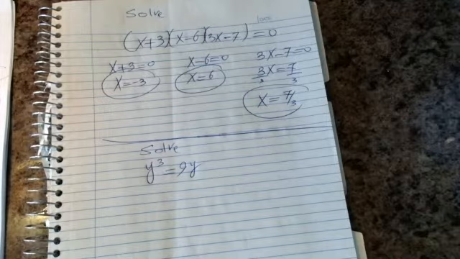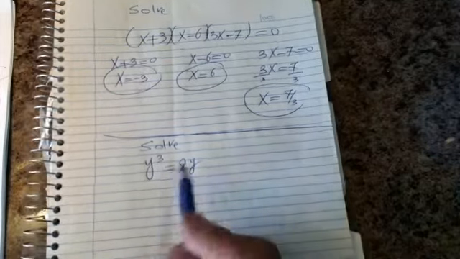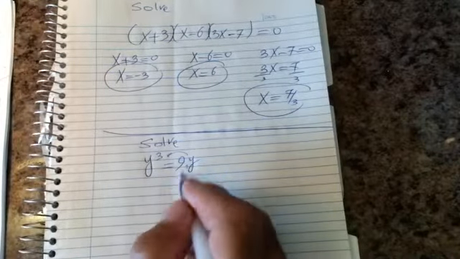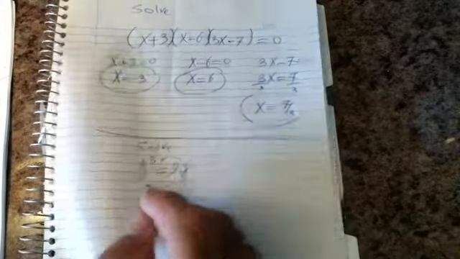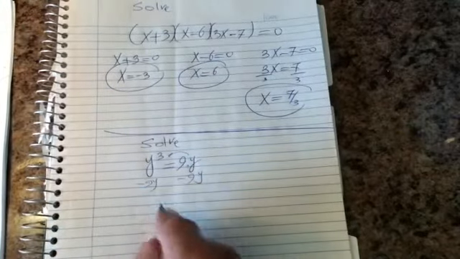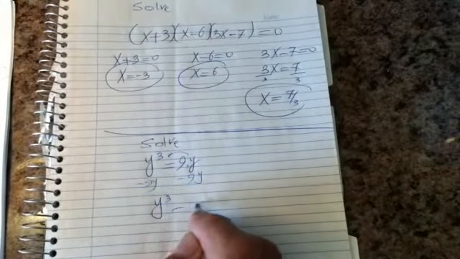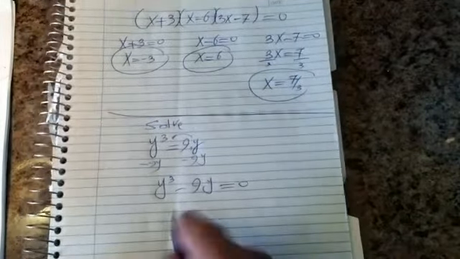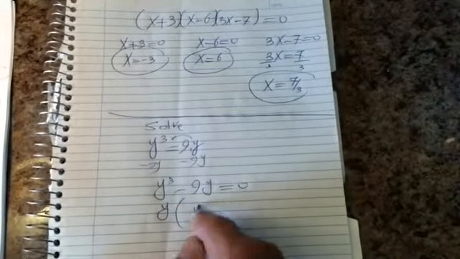I need to have all the terms on one side and equal to 0. So you need to move 9y to this side. And what is the first method of factoring? Factor y out.